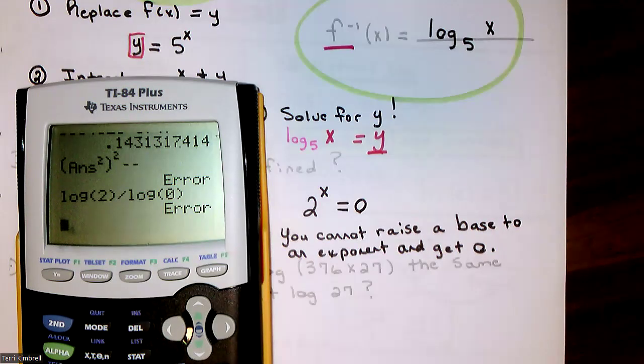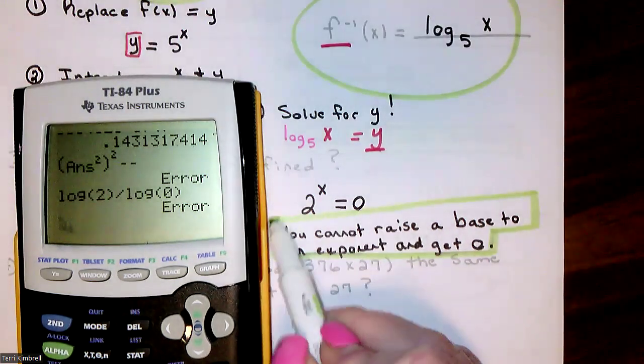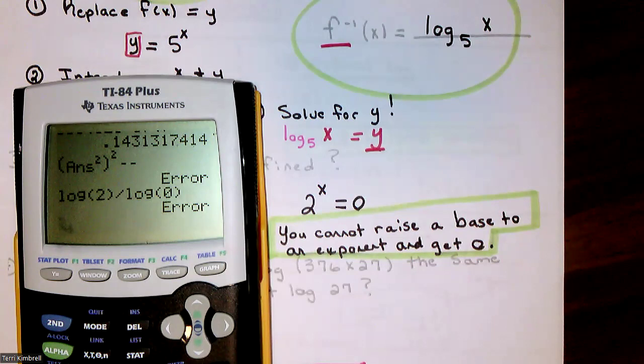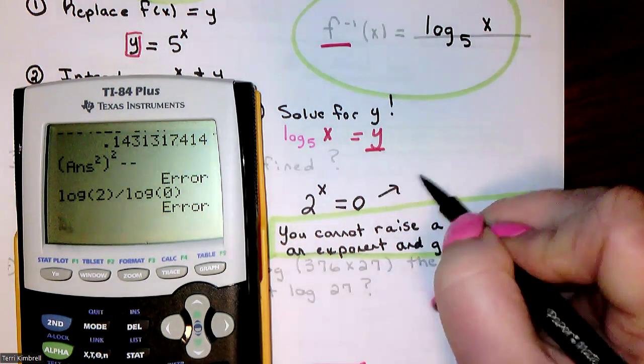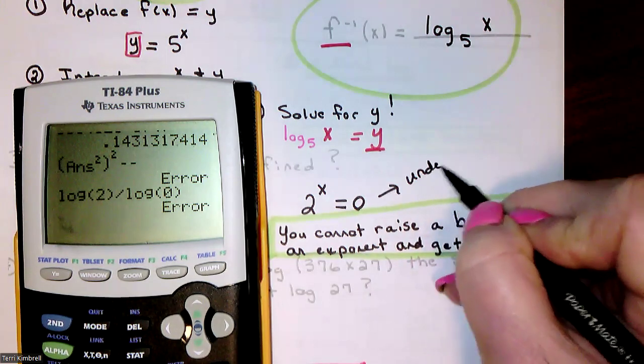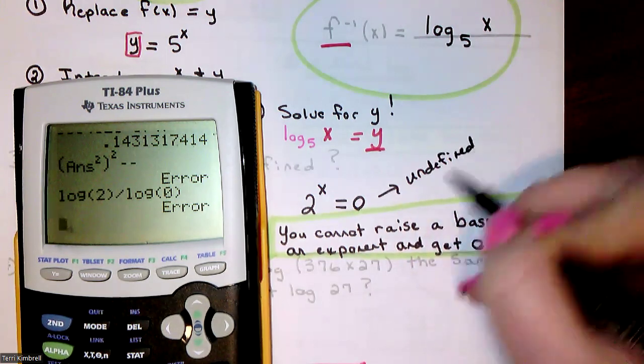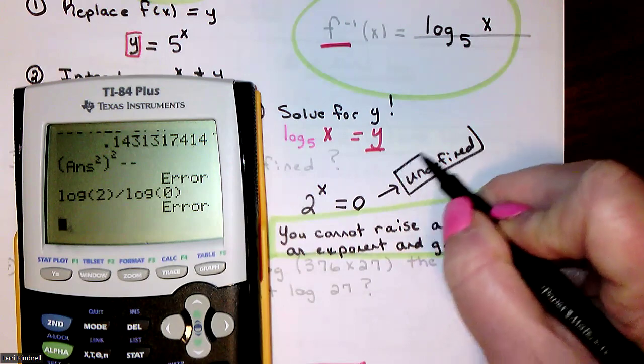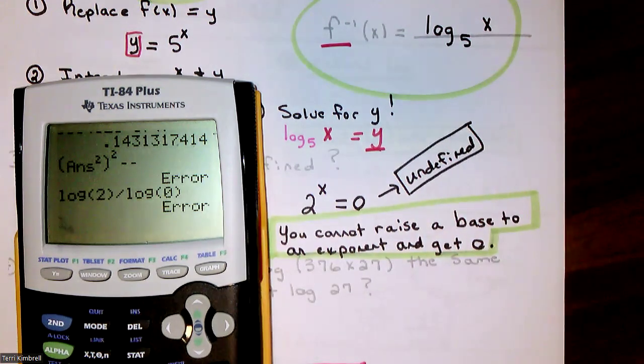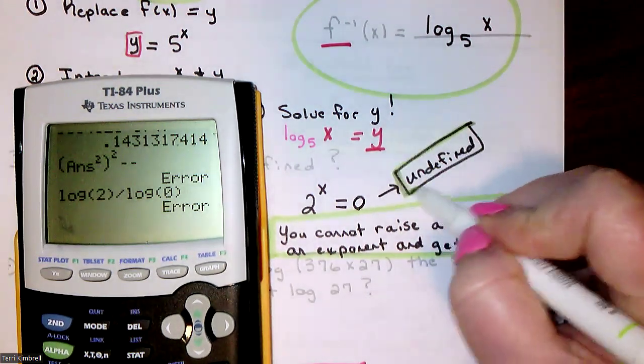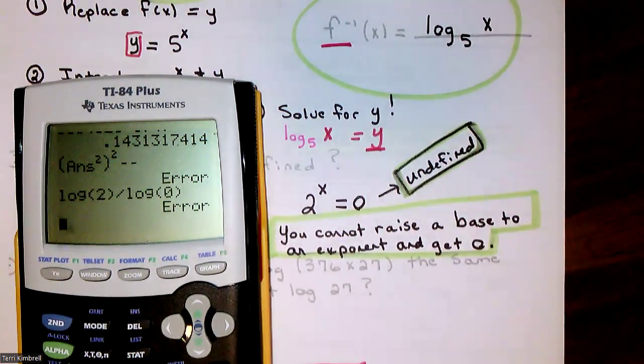I used the change of base formula to show you that if you do that, you're going to get an error message. That error message tells you that it is not possible. So this would be undefined, just like when you can't divide by 0. We're not able to raise 2 to a power and come up with 0.